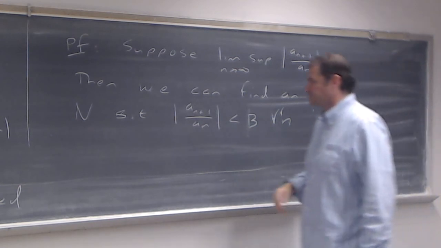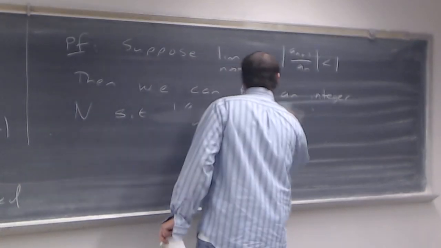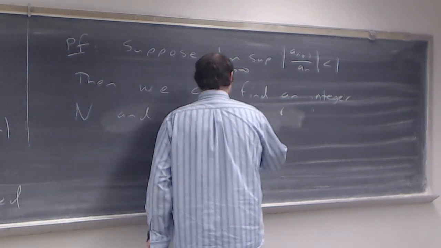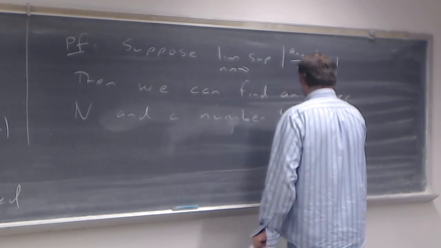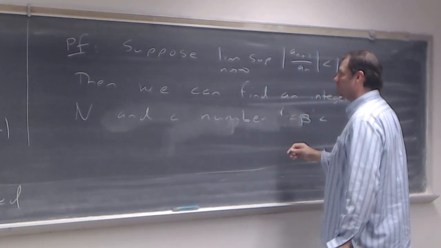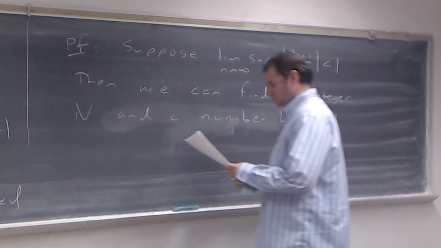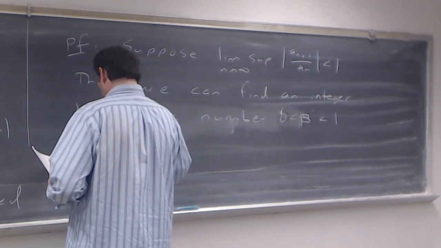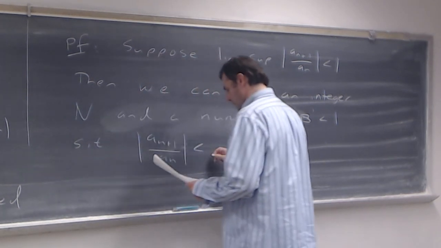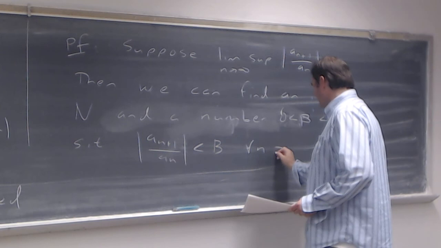Then we can find an integer n, I should say, and a number b that's bigger than 0 and less than 1, such that this ratio, a sub n plus 1 over a sub n in absolute values, will be less than b for all n bigger than or equal to big N.